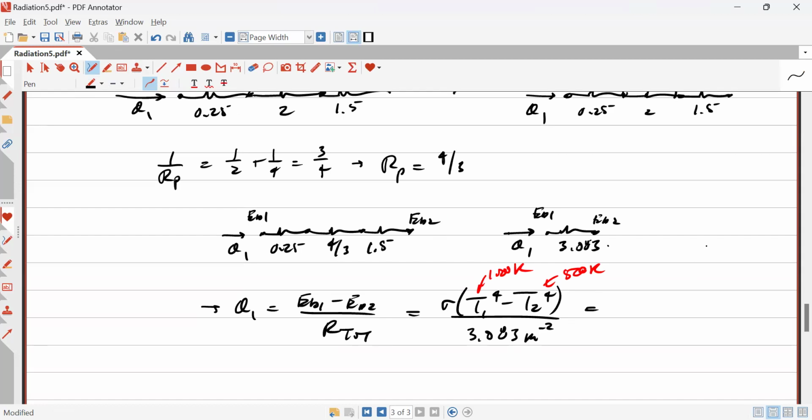That result ends up being, once you divide by 1,000 to turn it into kilowatts, 36.9 kilowatts. And again, this is equal to minus Q2.